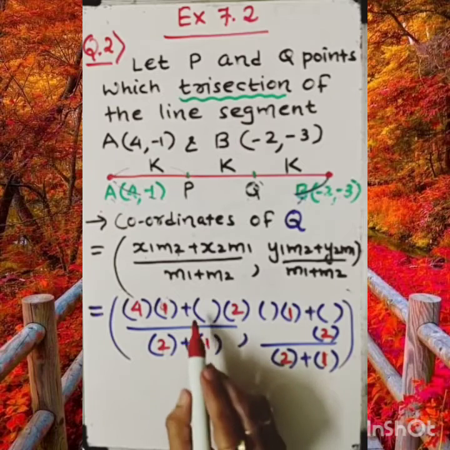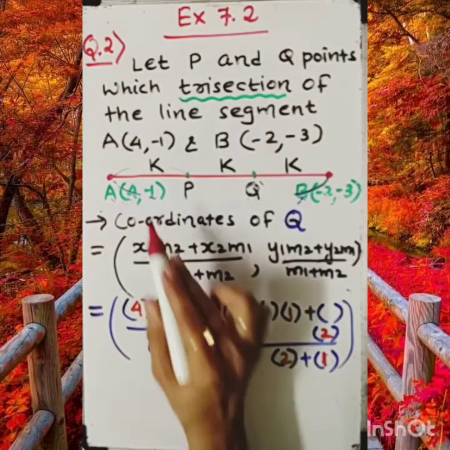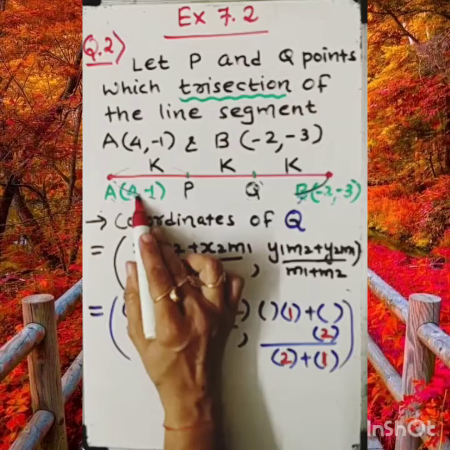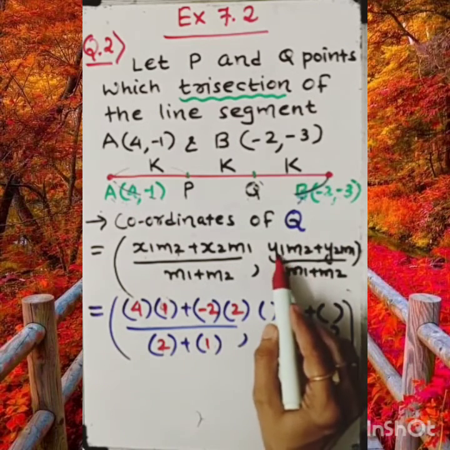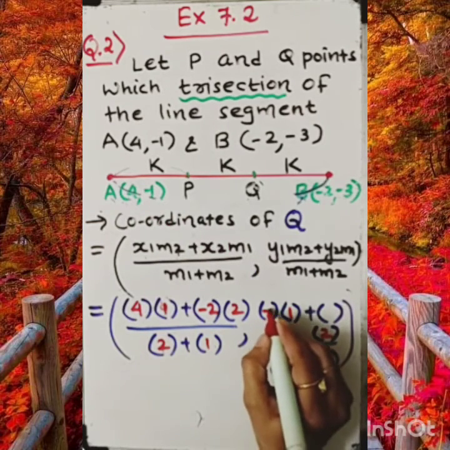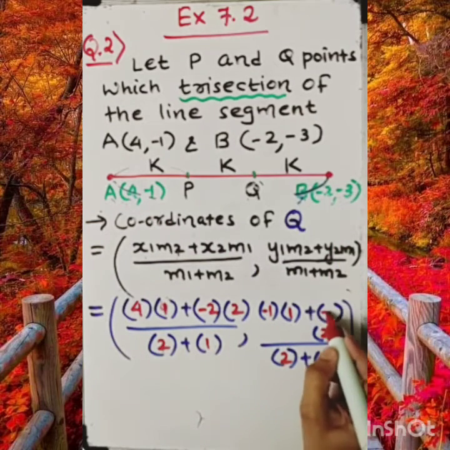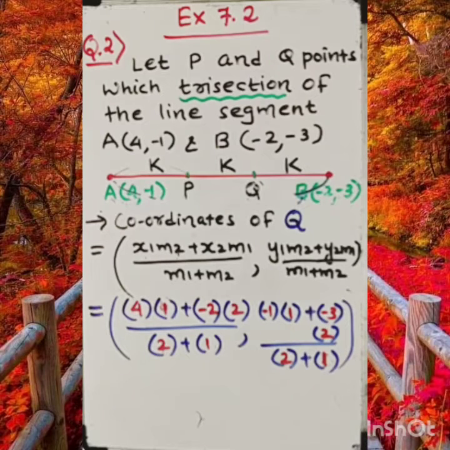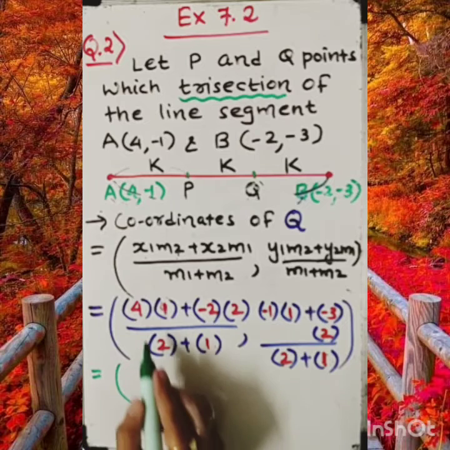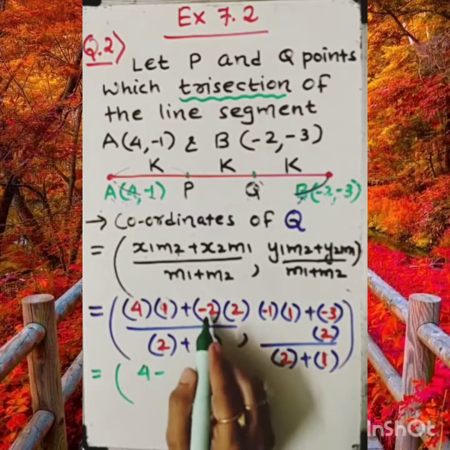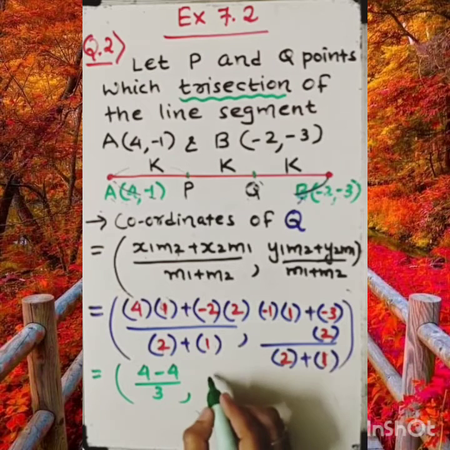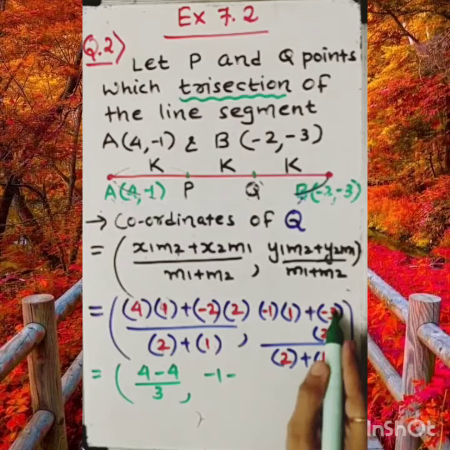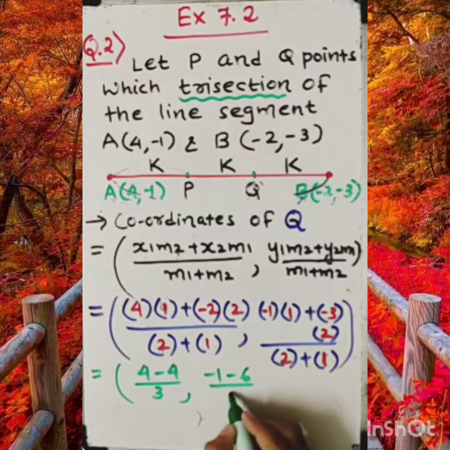Now I need to put the values. The requirement: x1 is 4, x2 is minus 2. What about y1? y1 is minus 1 and y2 is minus 3. So carefully drop the values. Now simplification: 4 times 1 is 4, minus 2 times 2 is minus 4, upon 3, comma, minus 1 times 1, and the product of 3 with 2, that is 6, by 3.